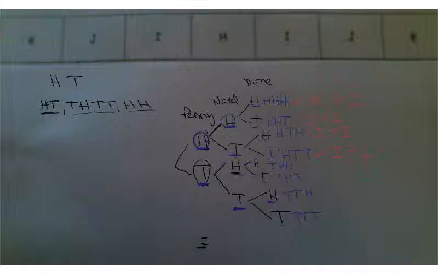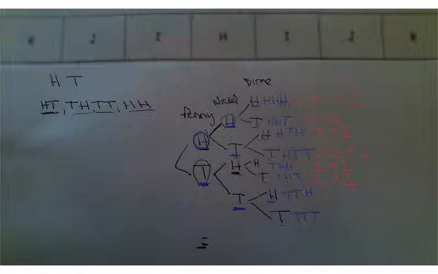The next outcome is tail, head, head. We start here. Tail moves it left, but that head moves it right, and we are back on I. Player 2 wins again. Tail, head, tail is the next outcome. I bet you can guess what's going to happen here. Tail, left, head, right, tail, left, I again, player 2.